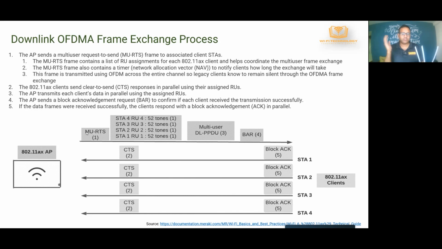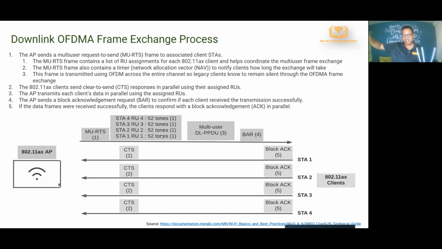It knows that station 1 has very little information, and that station 2 has more information, and so on. Based on that, it might allocate a certain number of tones to station 1, a different number of tones to station 2, a different number of tones to station 3, and so on. In this example that I'm showing, all 4 stations have an equal number of tones allocated, and that information is broadcast in the medium.